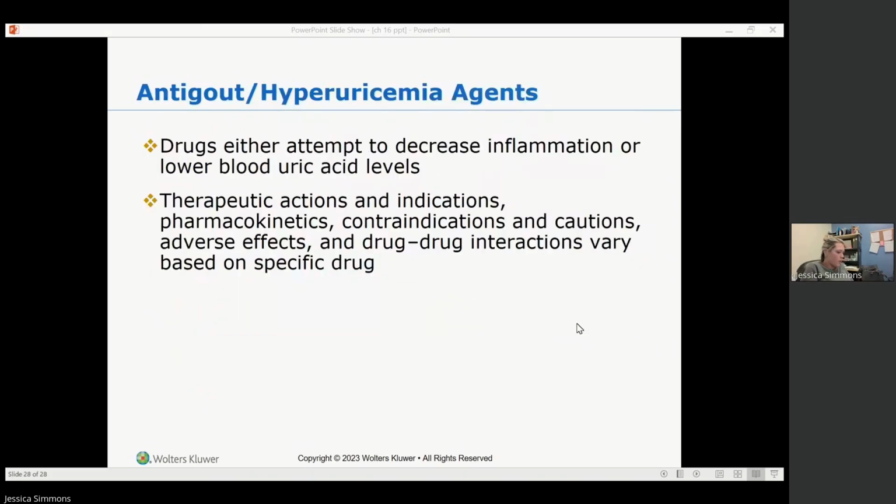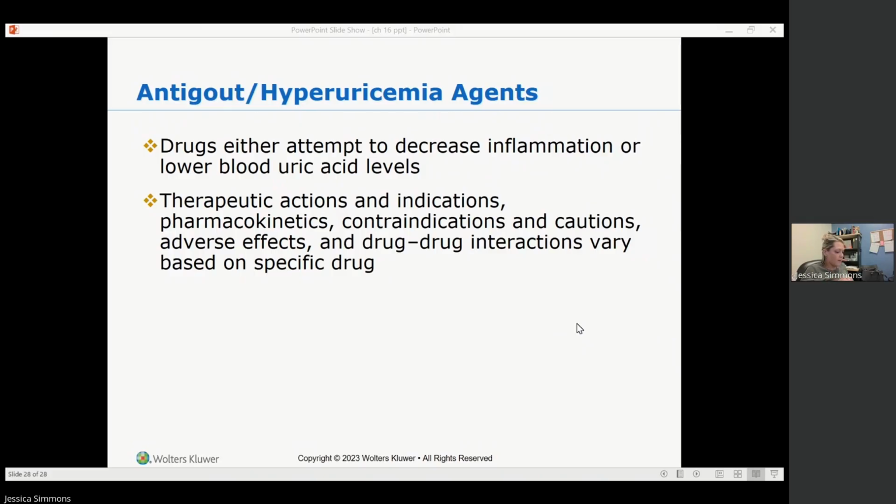Anti-gout. We've already talked about one of them, which was allopurinol. Anti-gout hyperuricemia agents are on page 287. So these are drugs that either attempt to decrease uric acid or lower the blood uric acid levels. Therapeutic actions and indications may vary for drugs.